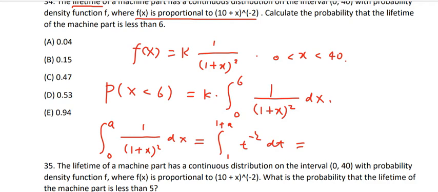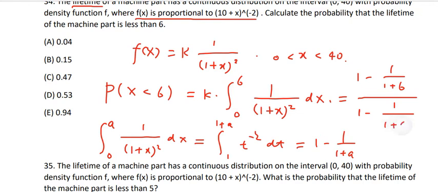So this equals 1 minus 1 over (1 plus a). Okay? So we can plug in here. This k is when a equals 40, right? So here it is 1 minus 1 over (1 plus 6), and 1 minus 1 over (1 plus 40). Okay?